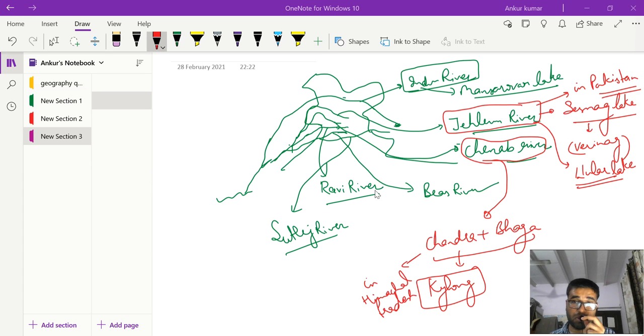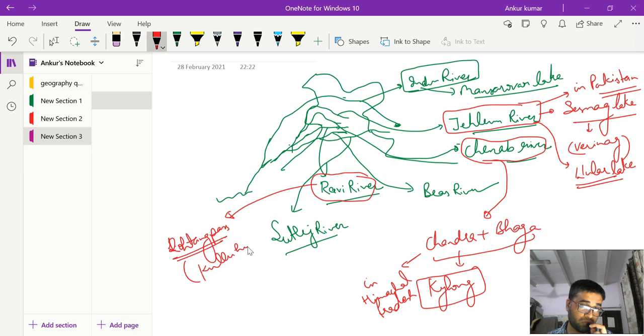Moving on to the next river, the Ravi River. The Ravi River originates close to the Rohtang Pass, in the Kullu Hills, and it cuts through the Pir Panjal and Dhauladhar ranges.